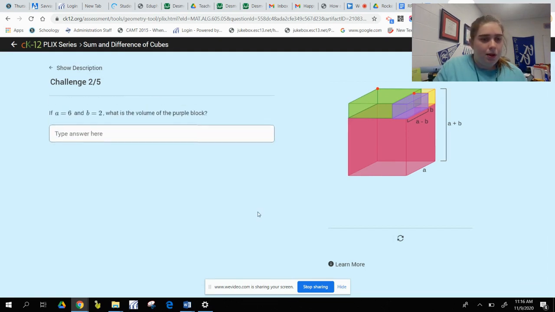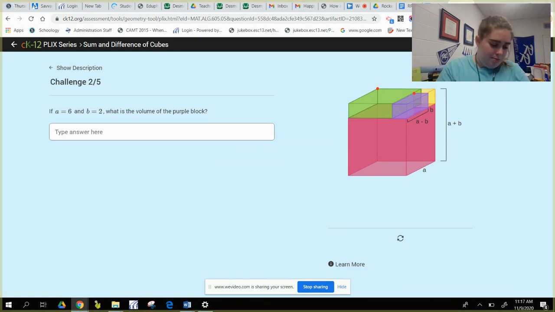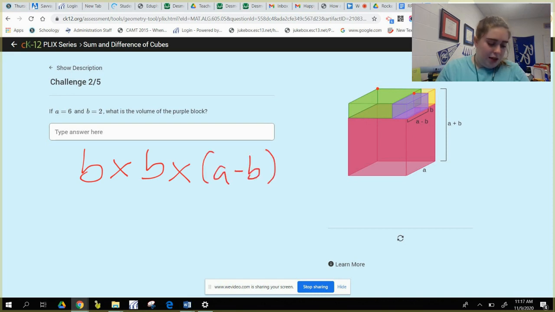Okay. All right. So then it's saying, putting these numbers in for A and B, what is the actual volume, like we talked about? So our equation was B times A minus B. So let's plug in 6 and 2 into that. So if we're going to plug in 6 and 2, let's see, we had B times A minus B. We're plugging in 6 for A and 2 for B. So that is 2 times 6 minus 2.